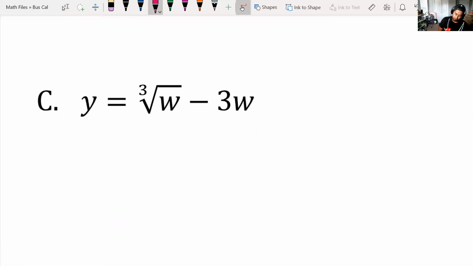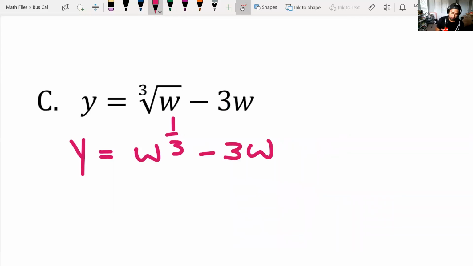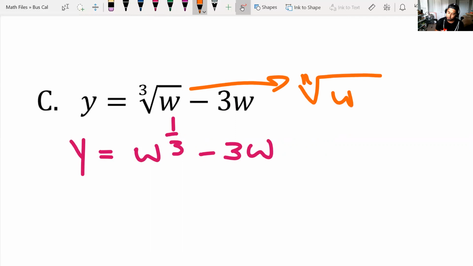So this will become y equals w to the 1/3 minus 3w. Remember that this uses the property of the nth root of w will be w to the 1 over n. Okay. Which means it's now in its proper form, which means we are ready for the derivative.